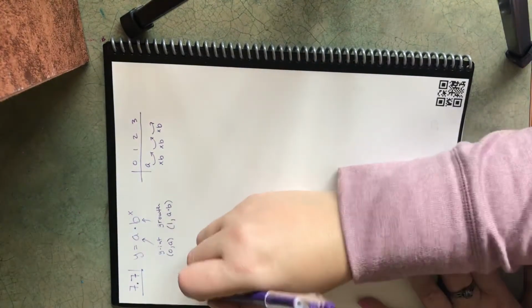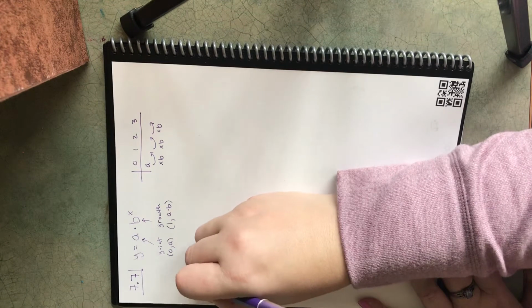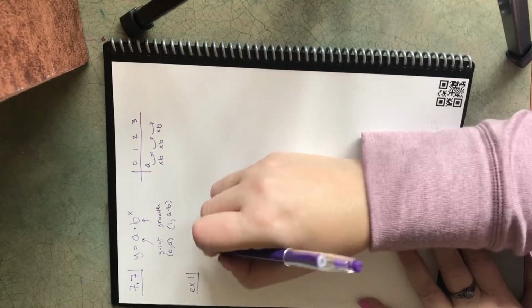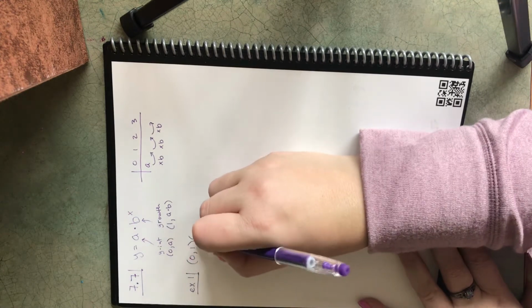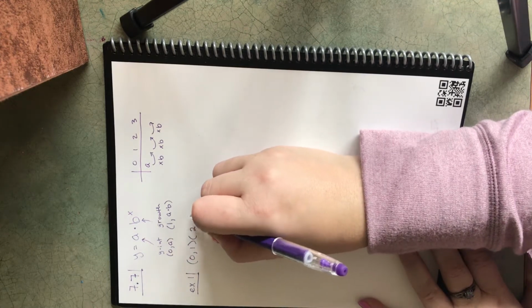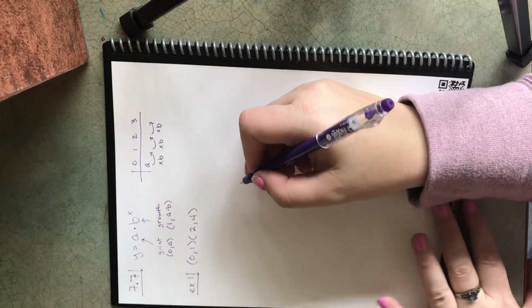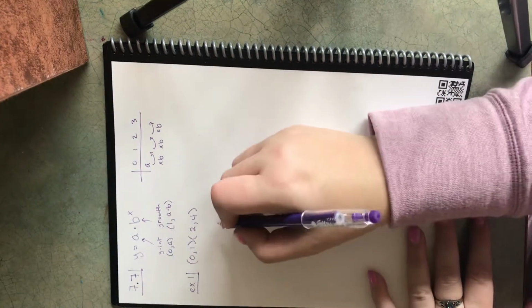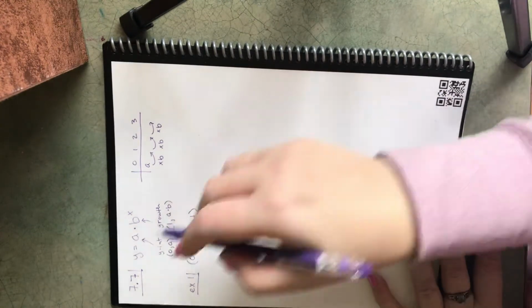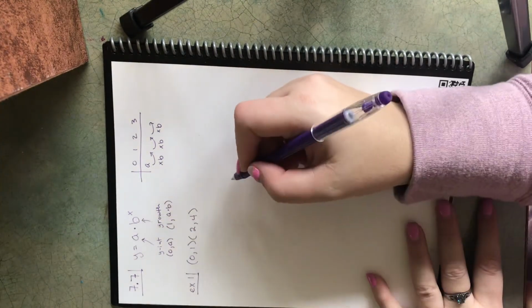So our first example is we have the point (0, 1) and the point (2, 4), and we are told that it's an exponential function, so we don't have to guess or figure that out. We're given that information, and now we have to write our equation.